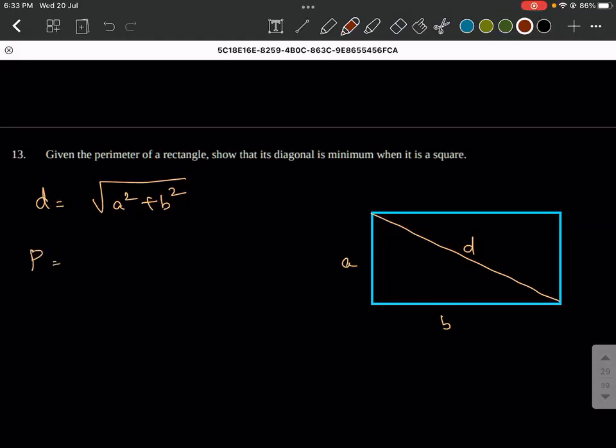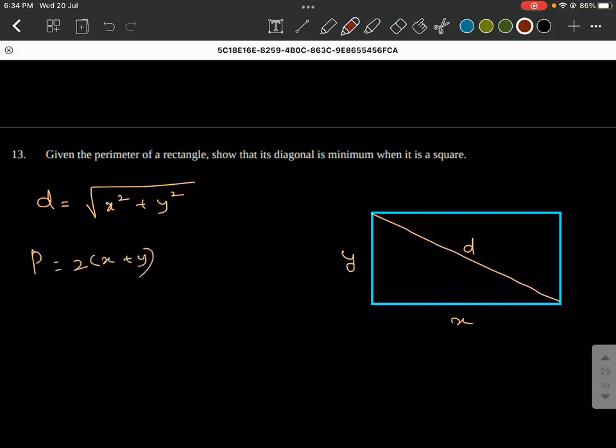Perimeter is 2 times (A plus B). Or I'll use X and Y so that you're not confused. Diagonal is root of X square plus Y square, and perimeter is 2 into (X plus Y).